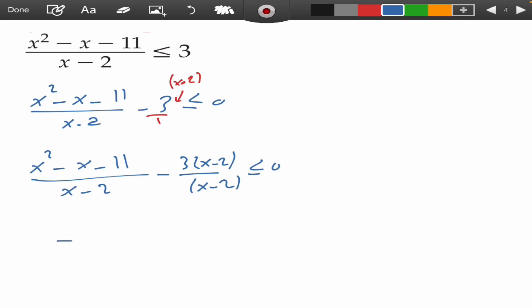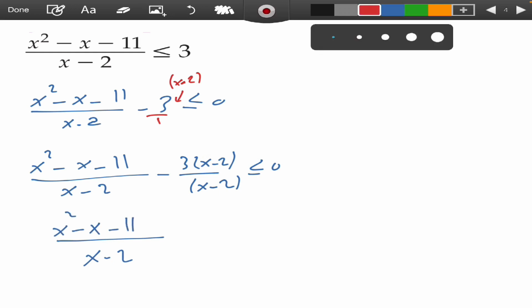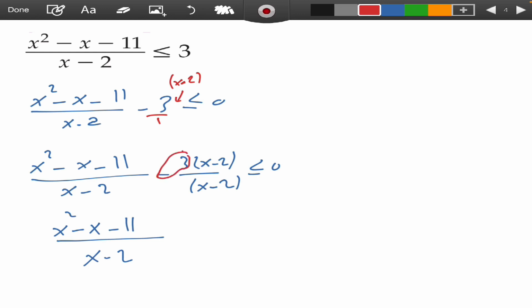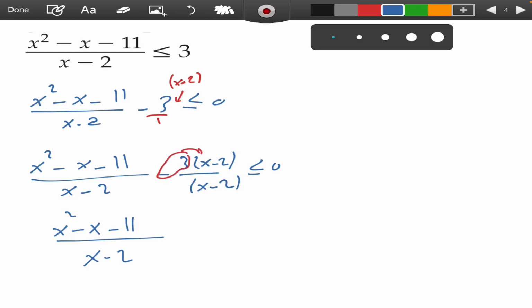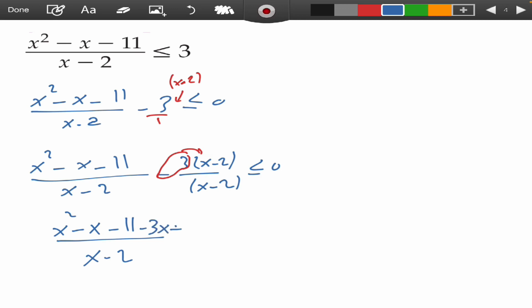We have the same denominator now, x minus 2. Simplifying, x squared minus x minus 11 and multiplying the negative 3 by the bracket, we're going to have minus 3x plus 6 less than or equal to 0.